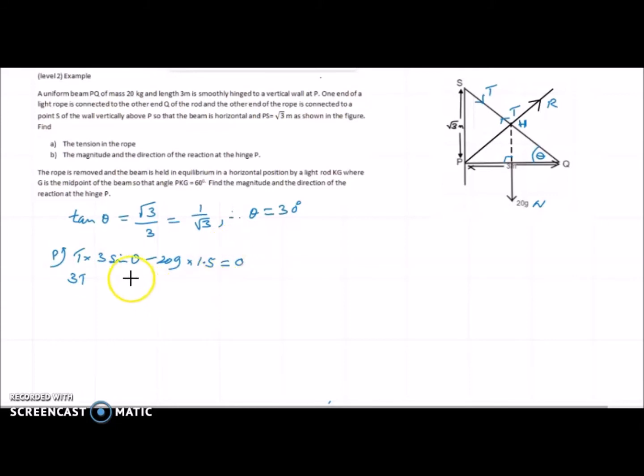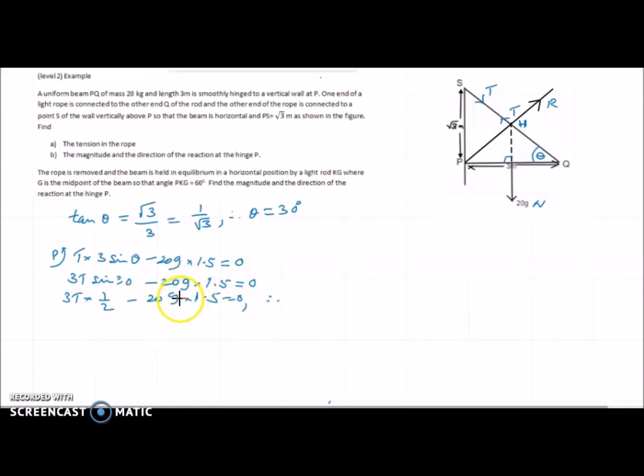Theta is 30, so this is 3T sine 30 minus 20g into 1.5 equals 0. Now sine 30 equals 1 over 2.